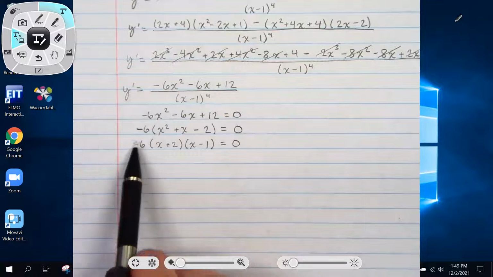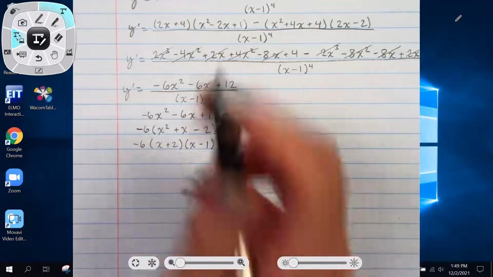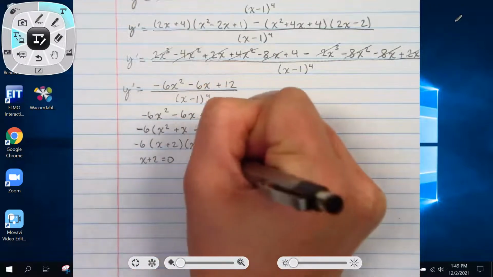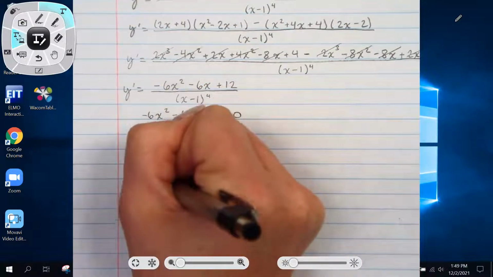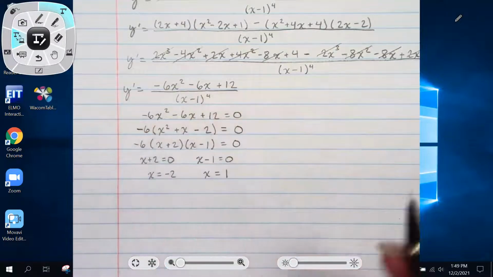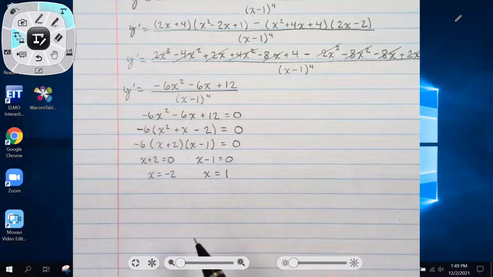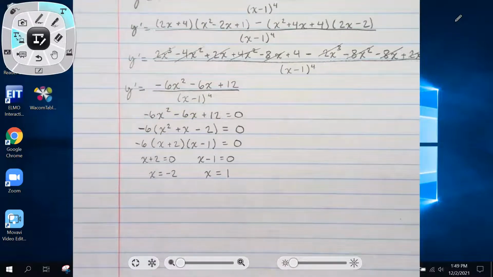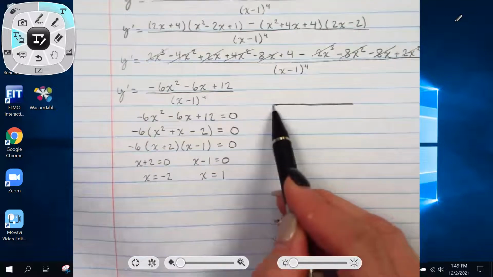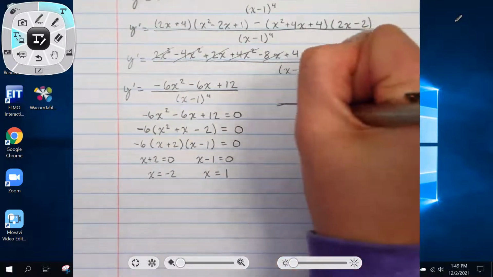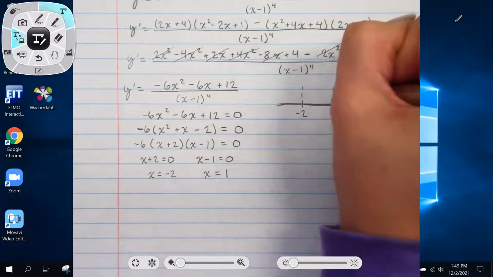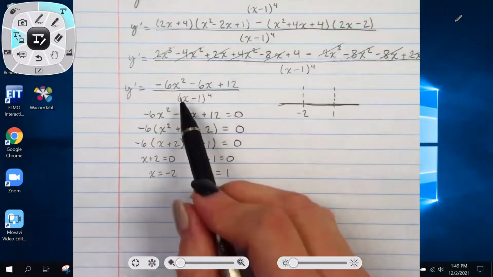So since there's not an x right here, we don't have to worry about this -6. We just set x plus 2 equal to 0, x minus 1 equals 0. So our critical values are at -2 and +1. Okay, if we use a number line at -2 and +1, we're going to test numbers into the derivative.